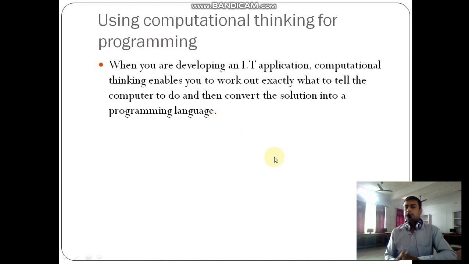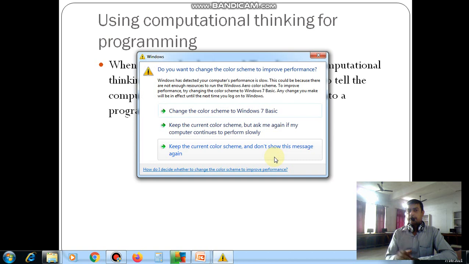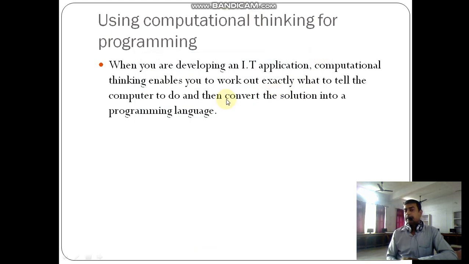Now, using computational thinking for programming, how will you use this skill in the programming section? When you are developing an IT application, computational thinking enables you to work out exactly what you tell the computer.